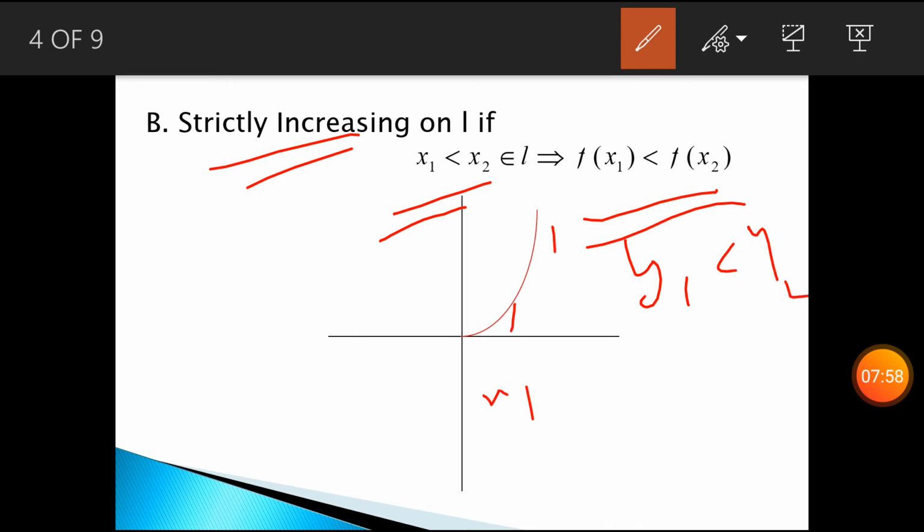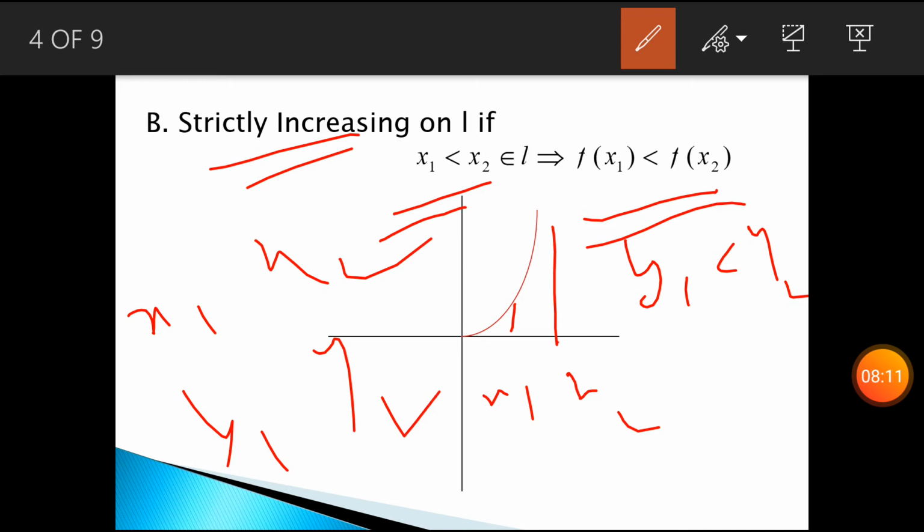If this is x1 and this is x2, then f(x1) cannot be equivalent. They are strictly less. It means y1 and y2 cannot have the similar value. It means y1 is clearly less than y2. If x1 less than x2, then y1 is also less than y2. It cannot be equivalent. Then it is called strictly increasing condition.